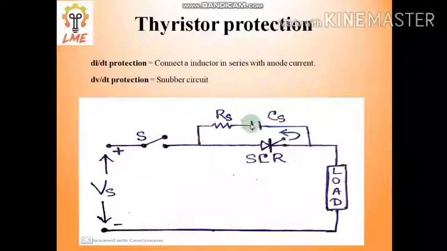When the capacitor has zero charge, it provides a short-circuited path. So the majority of the voltage change dV by dt is applied across the CS, meaning the capacitor now charges itself. The entire dV by dt mostly comes across the CS, and a very small amount of dV by dt comes across the SCR. In this way the SCR will be protected.